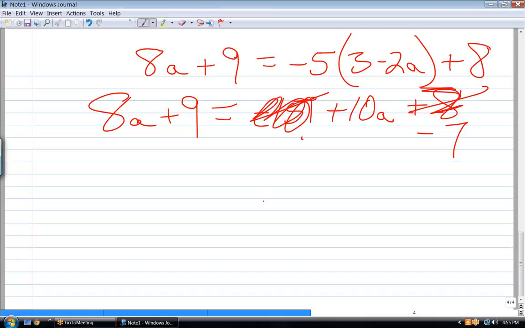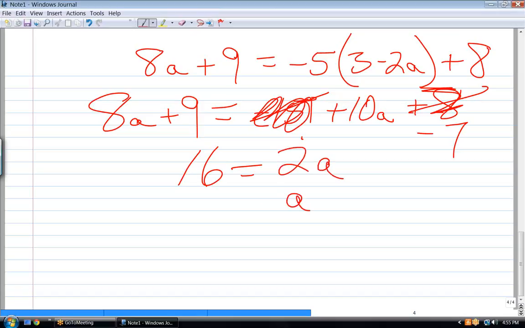Now what? Then, if I did it the way you would do it, you would subtract 8a and add 7. Good. Okay, so what's the next line? So the next line is 16 equals 2a.